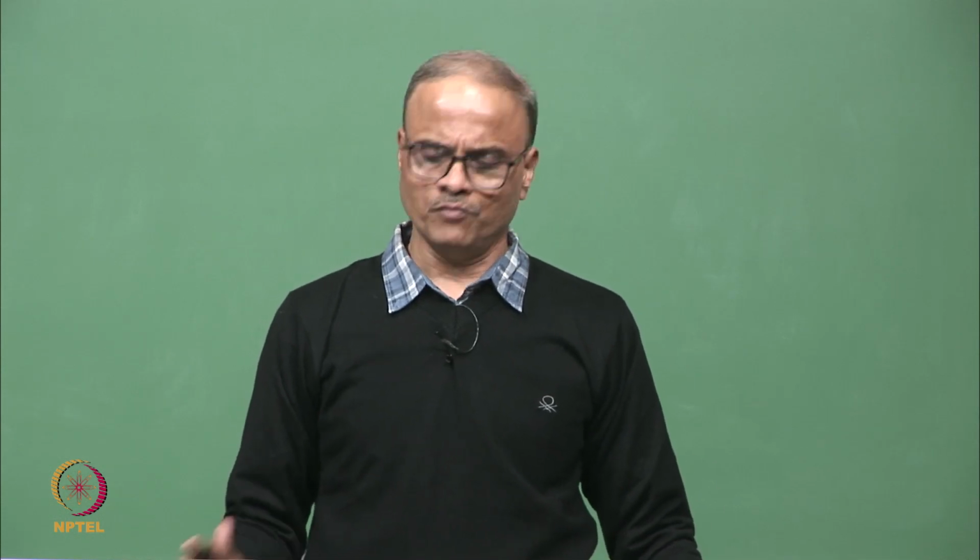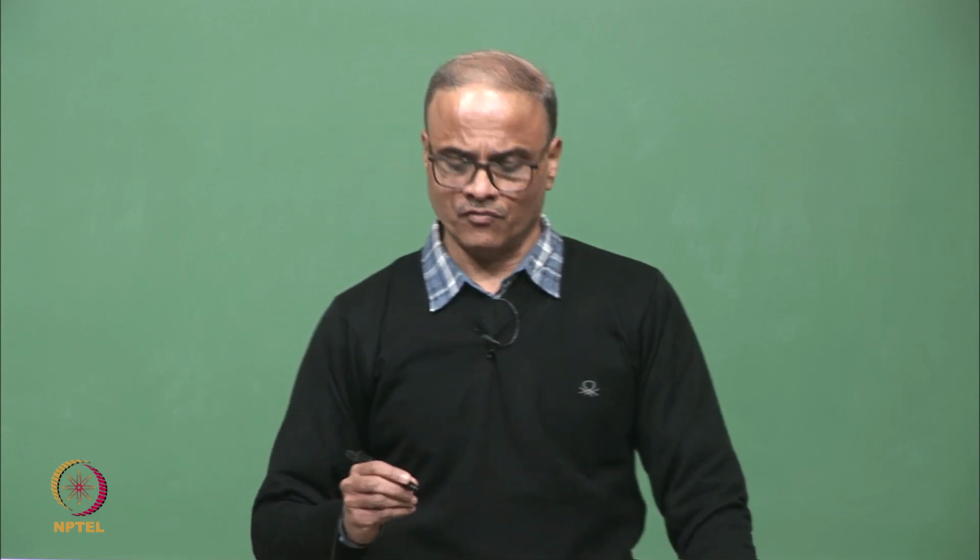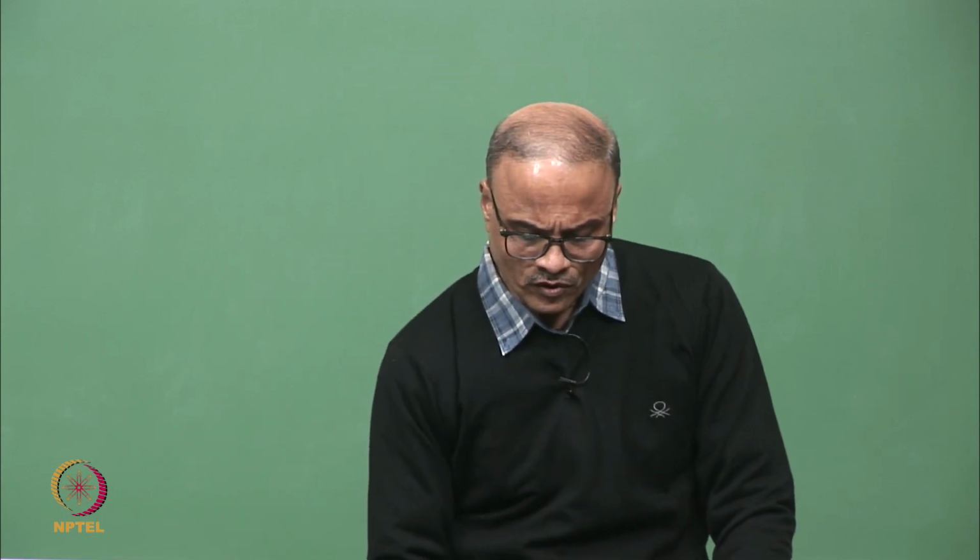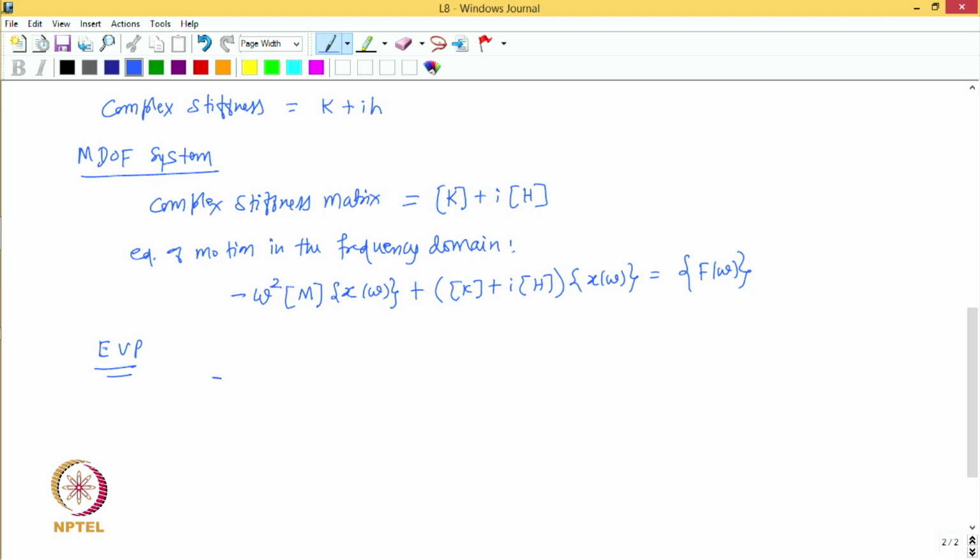That is an approximation, though not very exact. Therefore, in the time domain we can write the equations of motion as the mass matrix times the acceleration vector plus the complex stiffness matrix, K plus iH, multiplied by the displacement vector, equal to 0. This is the equation of motion in the time domain for free vibration.